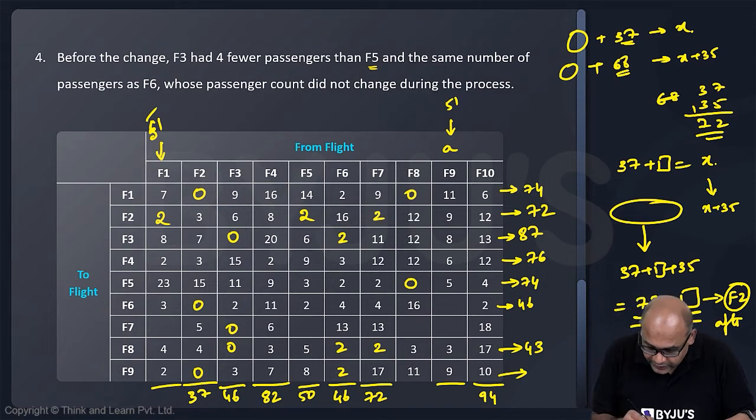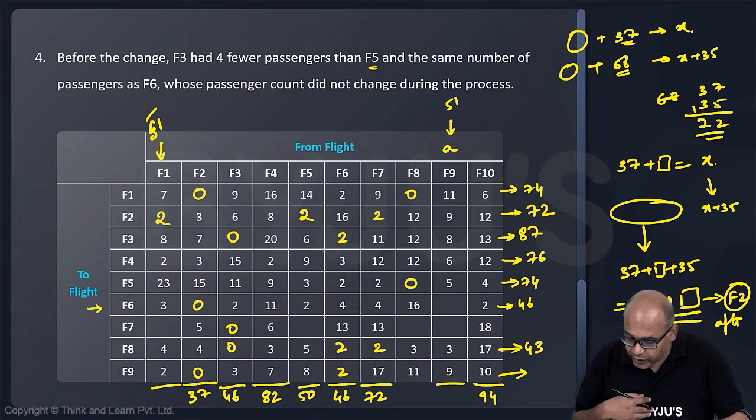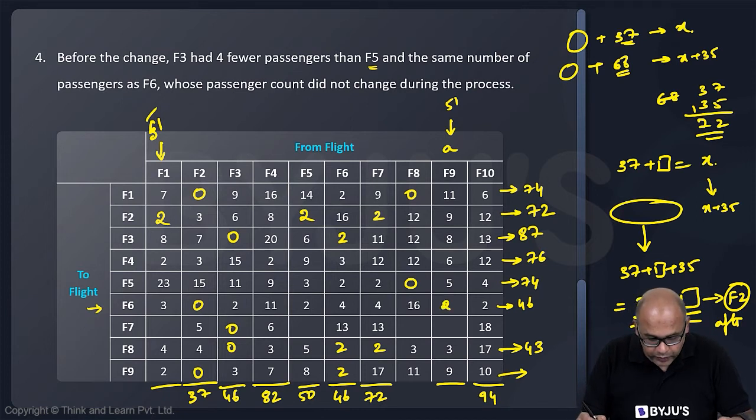Okay, but now we have F6, the F6 horizontal row. Let's add them up. F6 should be 3 plus 2, 5, 5 plus 11, 16, 16 plus 10, 26, 36, 42, 43, 44. So this has to become 2 for you. And if this is 2, you can see that this is already 53 now.